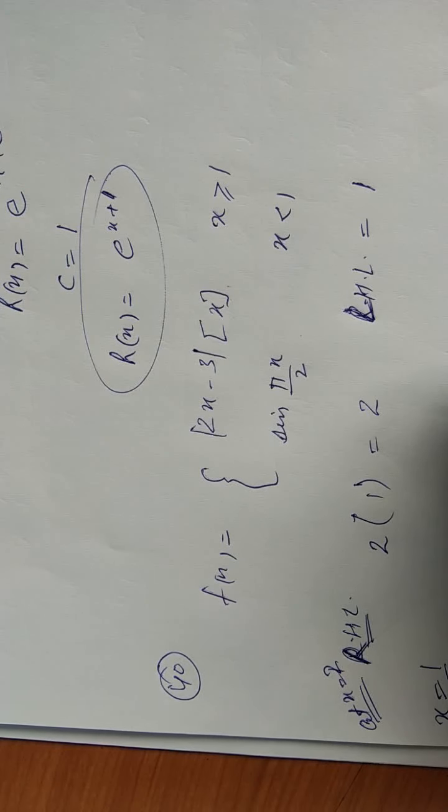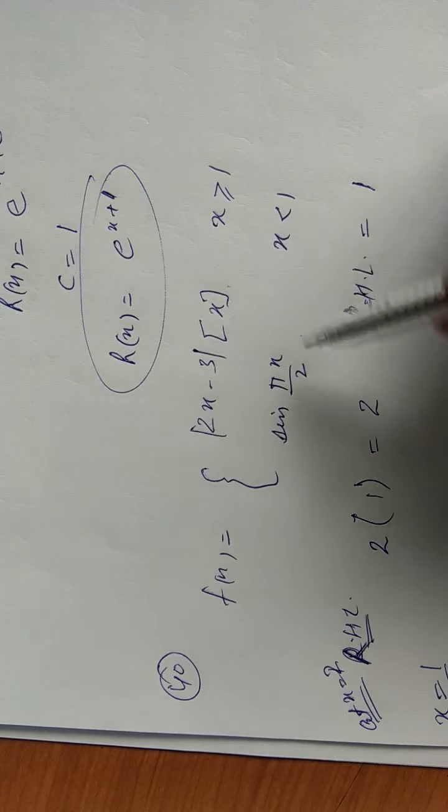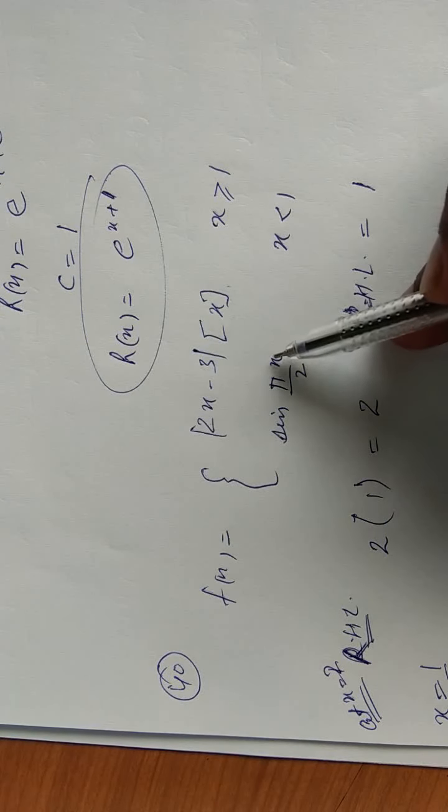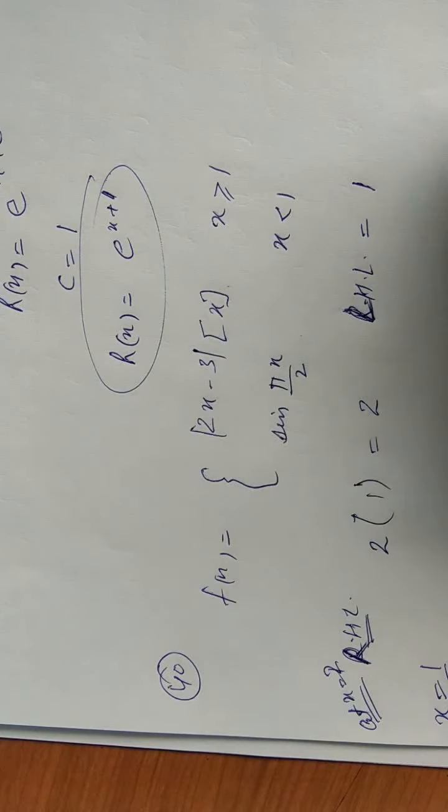So RHL would be equal to 1. LHL would be, when x tends to 1, this will tend to pi by 2, and sine pi by 2 would be equal to 1. So LHL equals RHL equals 1. So the function is continuous at x is equal to 1.